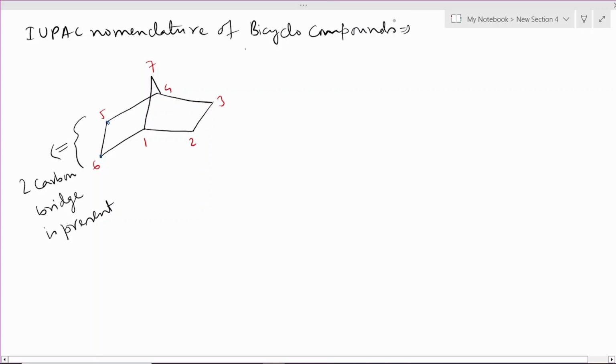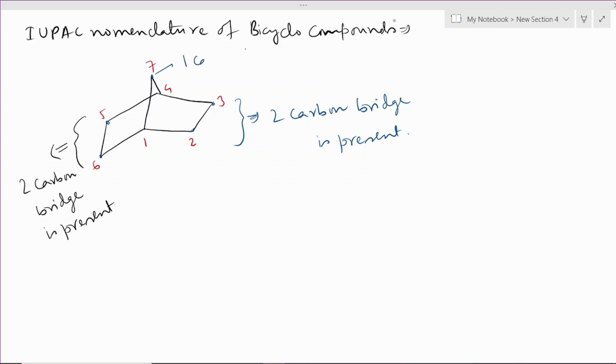Here also 2 carbon bridge is present. And here 1 carbon bridge is present.